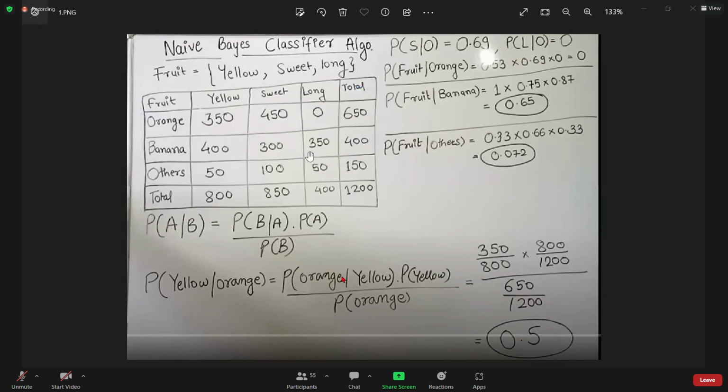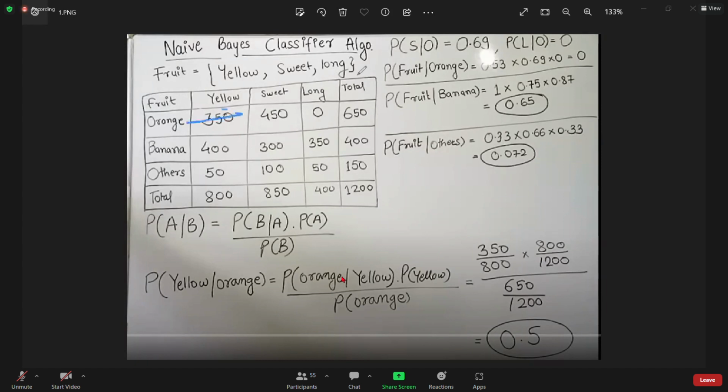What I'm trying to say here, guys, is do not add 350 plus 450, which is 800. Do you understand what I'm saying? I don't want you to add this. Let's assume you have a total of 650 oranges in your bag, and out of 650, 350 oranges are yellow and 450 oranges are sweet. Clear this part, guys?